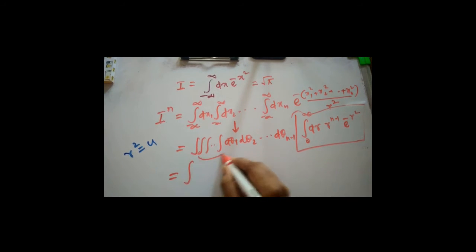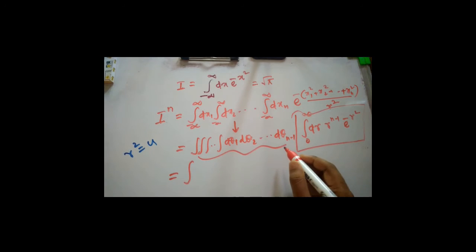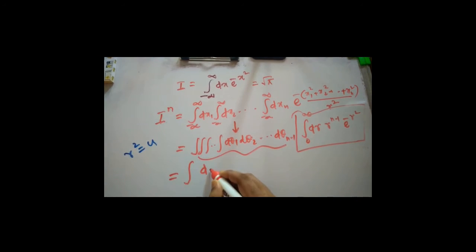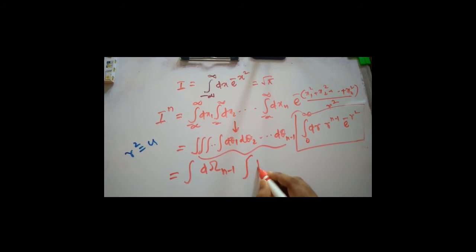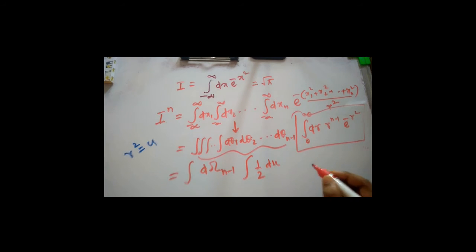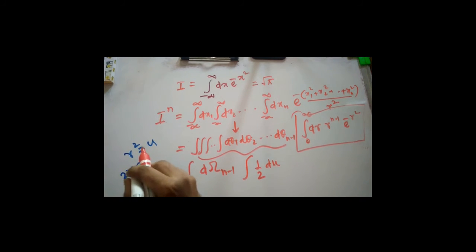Let's call it d omega n minus 1, the whole integration as this, and then we can say this is actually half du, because this is 2r dr equals du.